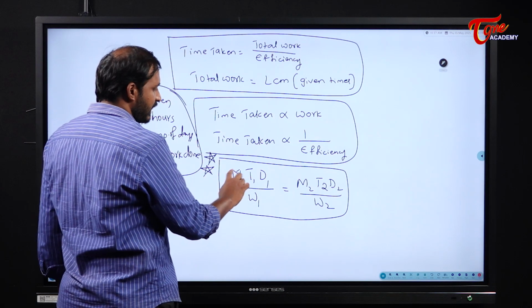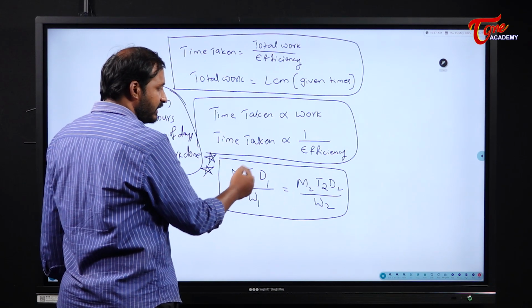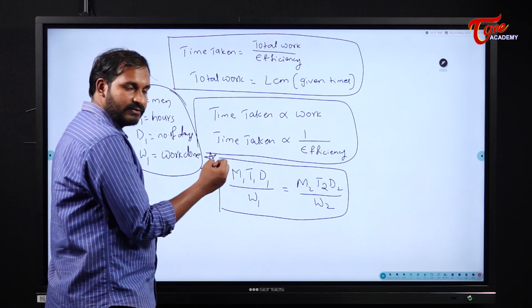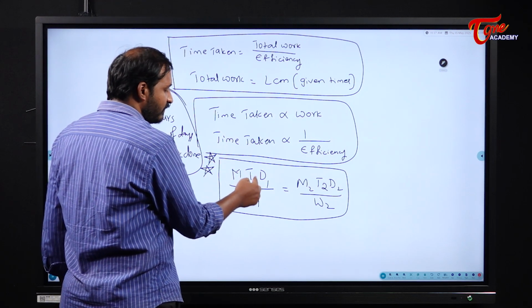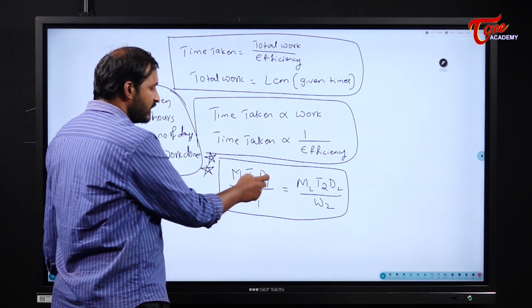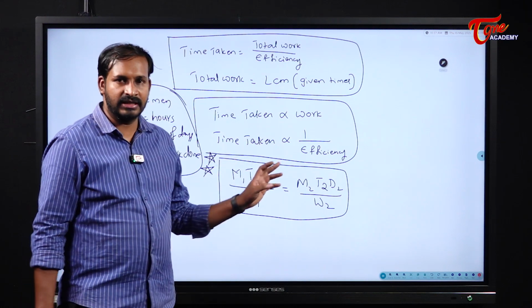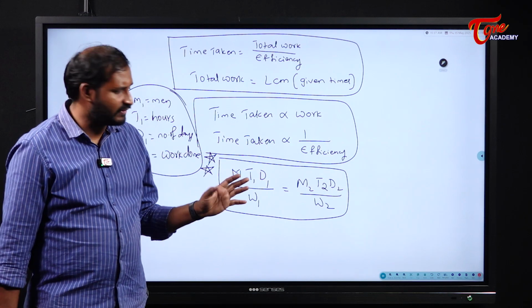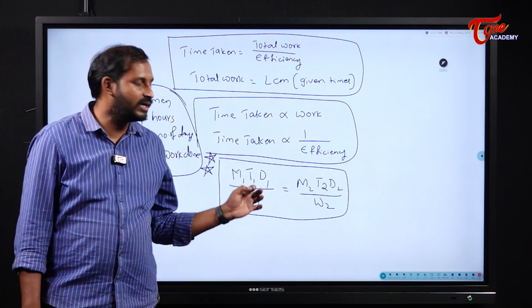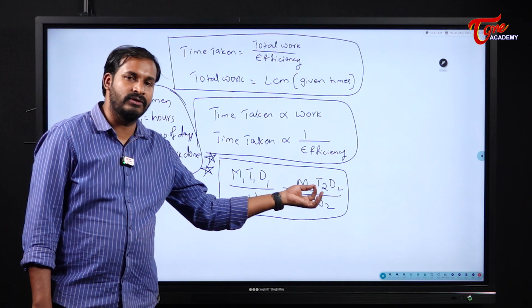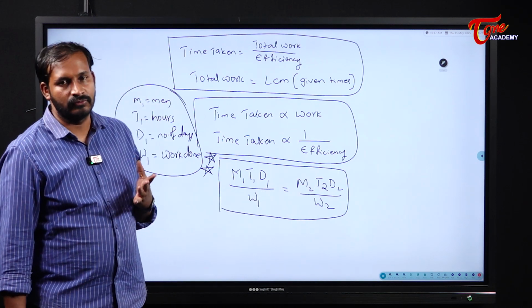So time taken, hours and days together will come. Next efficiency will come here and the work will go to the denominator. There is a huge story behind that. It doesn't require all those things. Simply remember M1 T1 D1 by W1 is equal to M2 T2 D2 by W2.